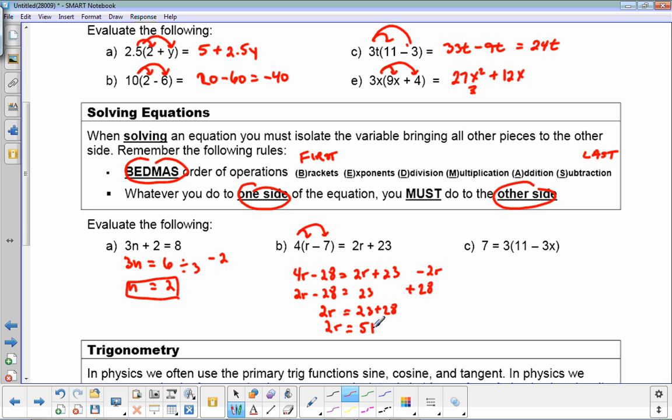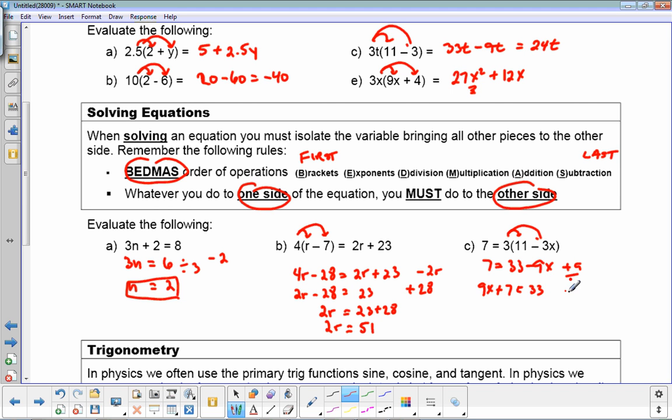And we're done. And then over here, example C, we want to do the distributive property first again. So 7 is equal to 33 minus 9x. So I want to bring the 9x over here. So I'm going to add 9x to both sides. So it'll be 9x plus 7 is equal to 33.